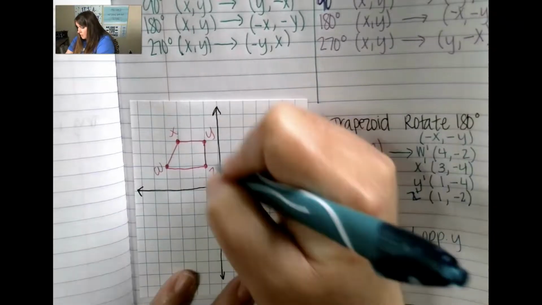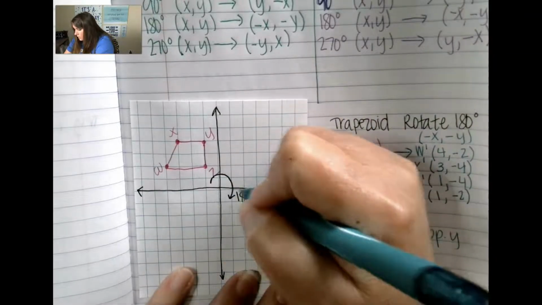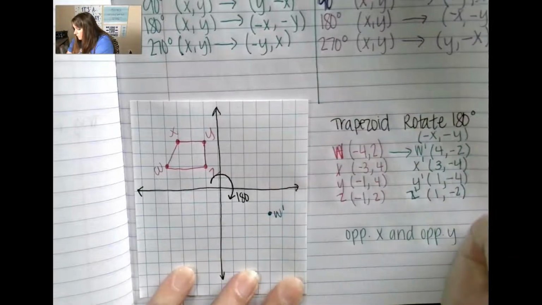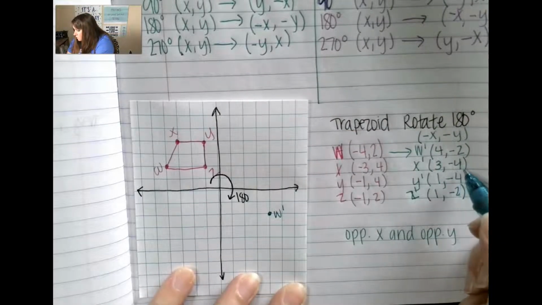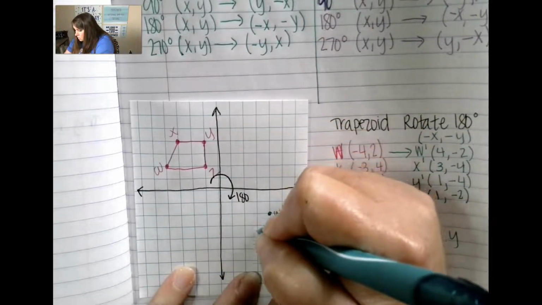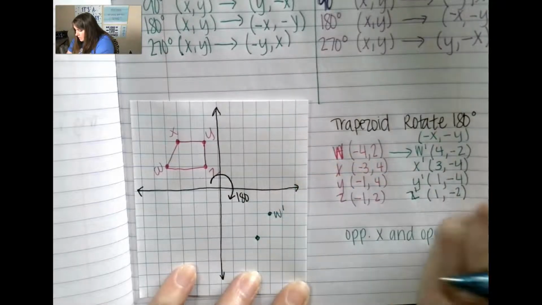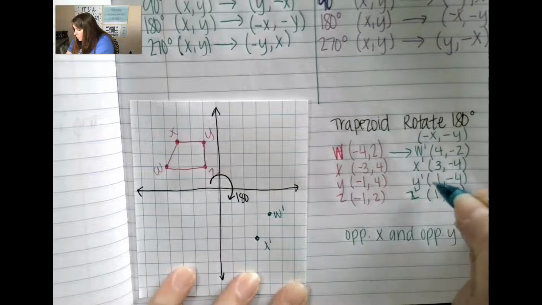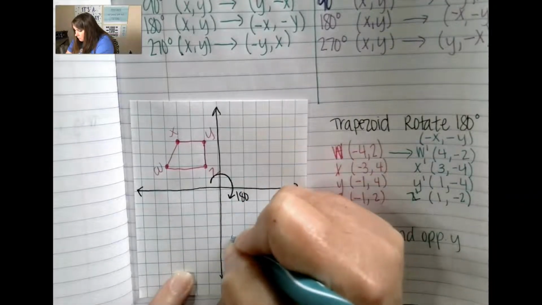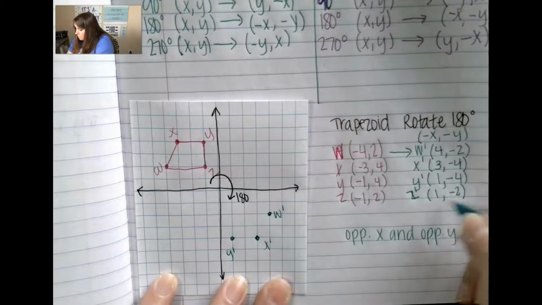W1, I'm going to go to 4, negative 2. So over to 4, 1, 2, 3, 4, down to 2. X1, my image is 3, negative 4, so I'm going to go over to 3, down 1, 2, 3, and 4. And Y is 1, negative 4, so over 1, negative 4, that's Y1, and then 1, negative 2.